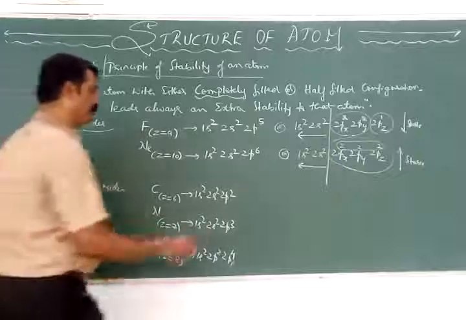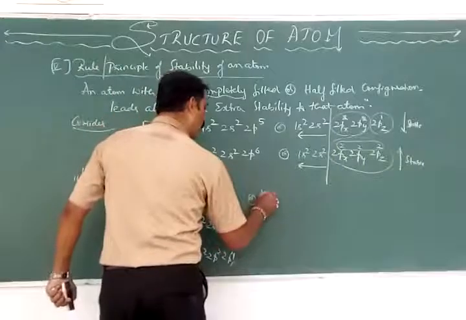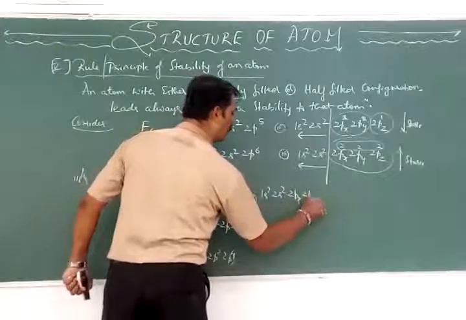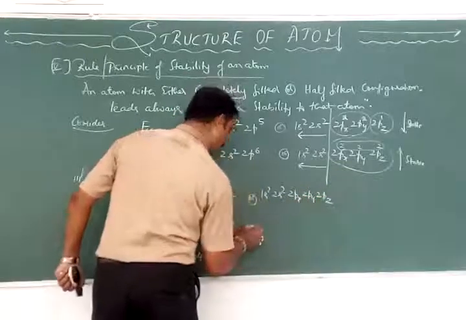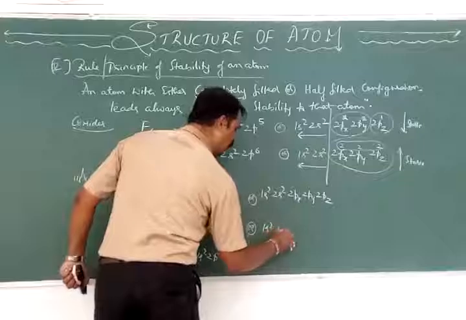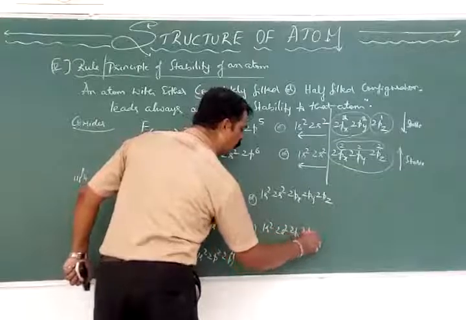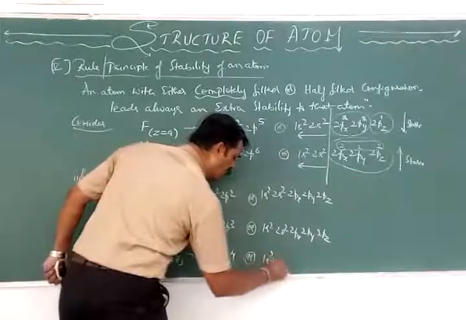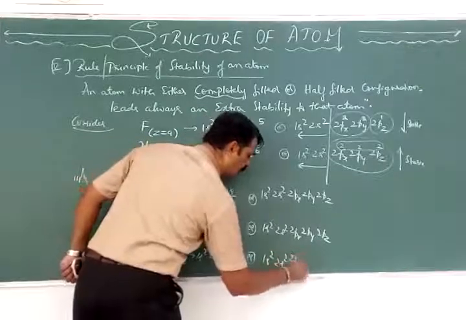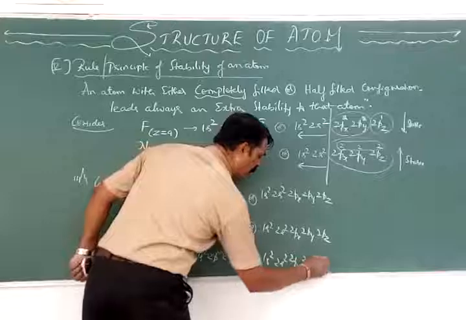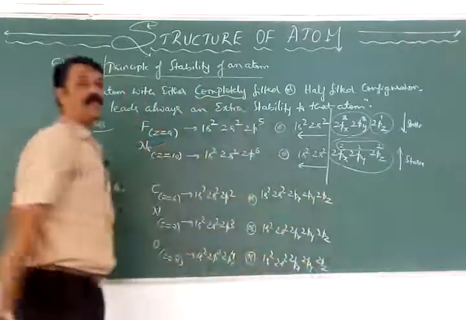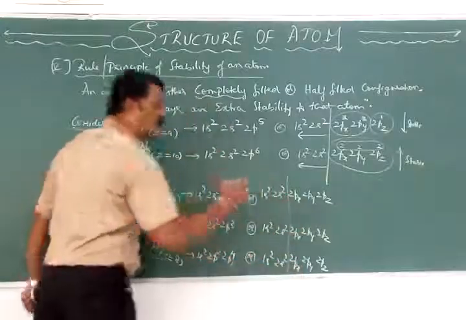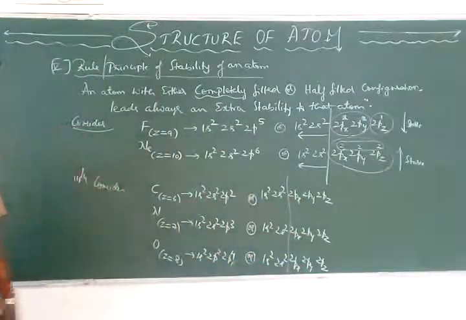Split that out: 1s2, 2s2, 2px, 2py, 2pz for each. In the first cases, no problem here. 1s2, 2s2 is common.